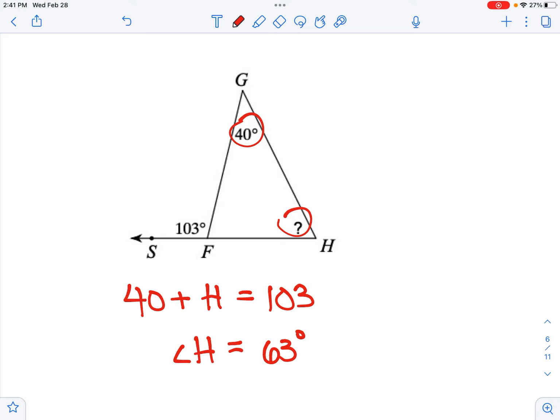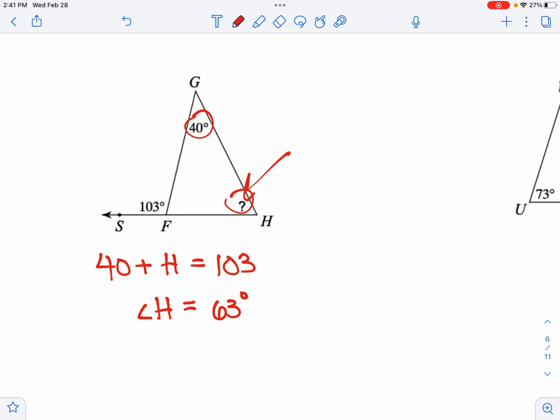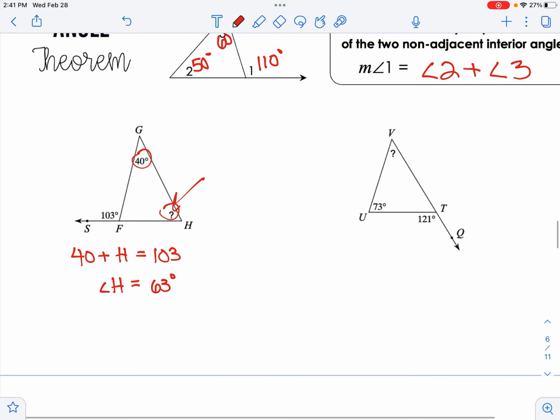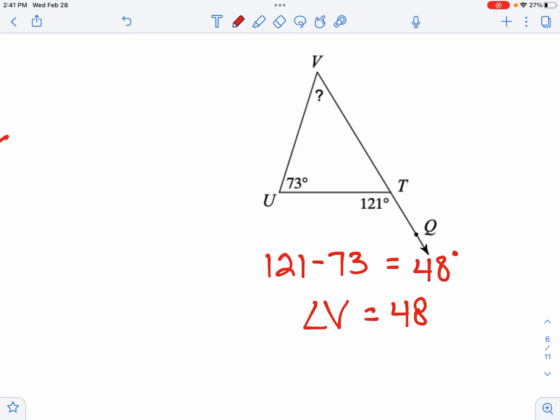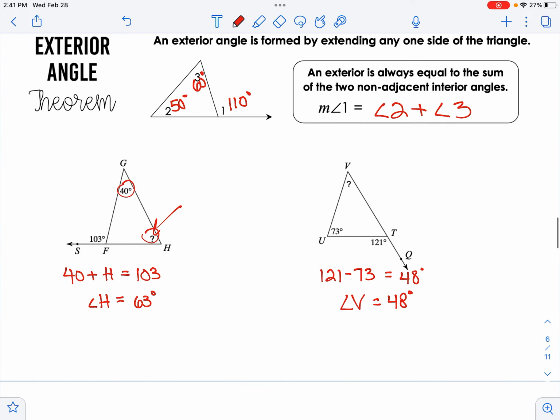So this angle here has to be 63 degrees. I can do the same thing over here. I know that 73 plus something has to give me 121. If I subtract those two, that should tell me what I have left over, which would be 48 degrees. So in this case, angle V is 48 degrees. This is called the exterior angle theorem.